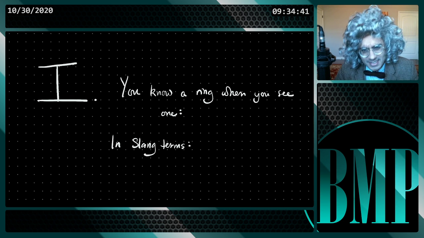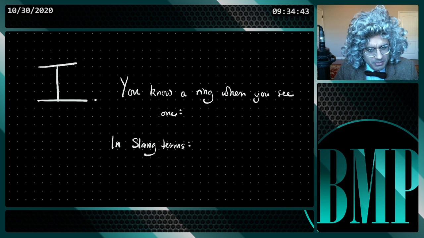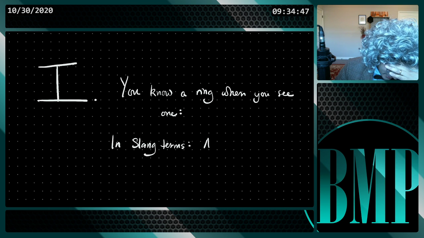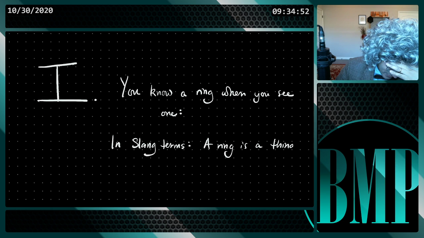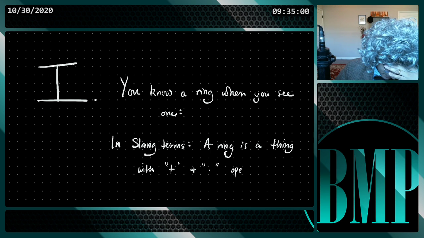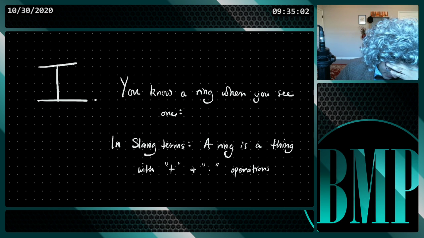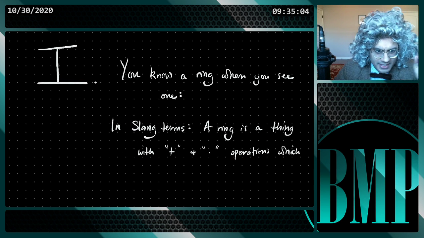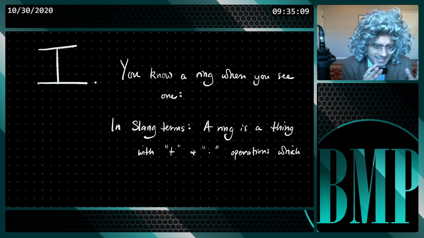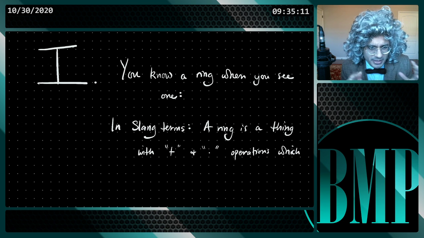That's just the bottom line. In slang terms, a ring is a thing with a plus operation and a times operation, which communicate well with each other, like you're used to with the distributive law and stuff.